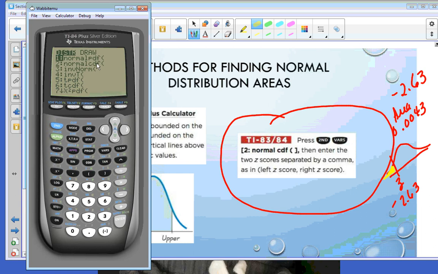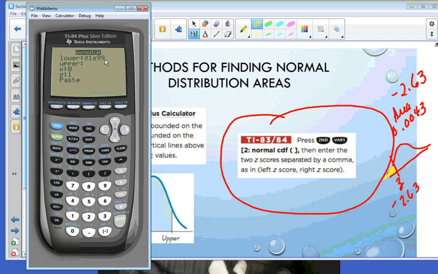I'm going to come down to the normal curve distribution frequency. Choose that. Now on my 84, it's giving me prompts. And it says negative 1 times 10 to the 99, which means it's going to be 0.000000 all the way down to 1. So it's going to be significantly small.